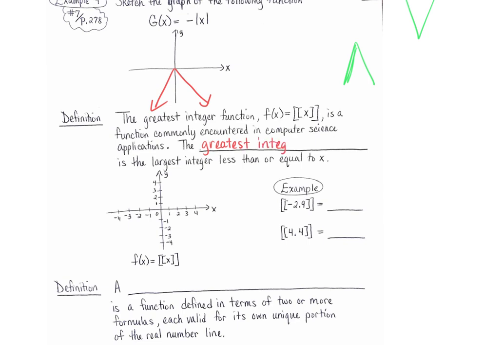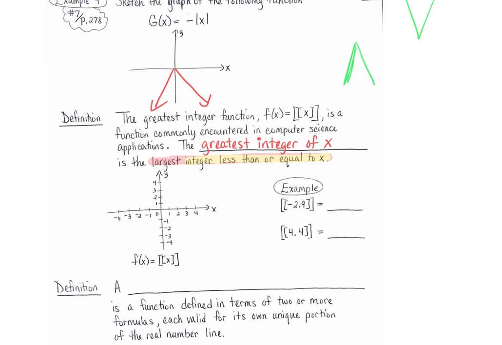The greatest integer of x is the largest integer that's less than or equal to x. That's important. It's the largest integer less than or equal to x.